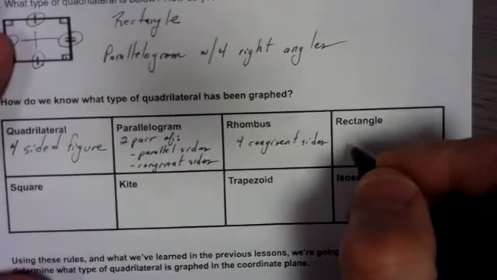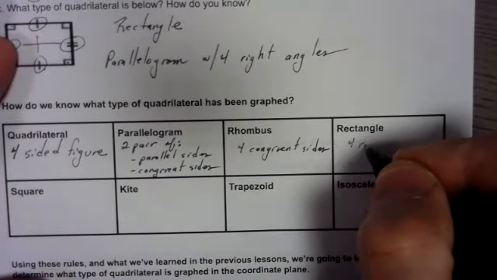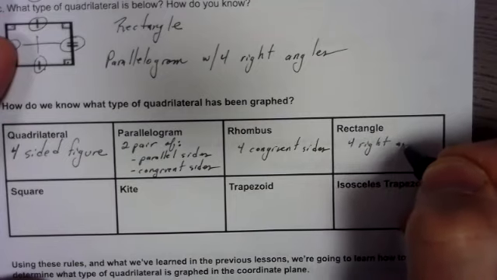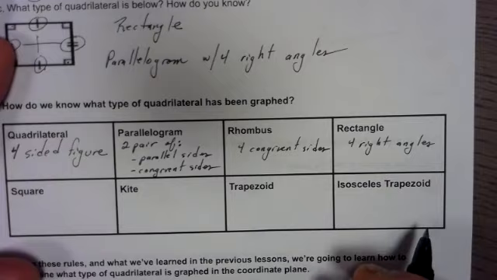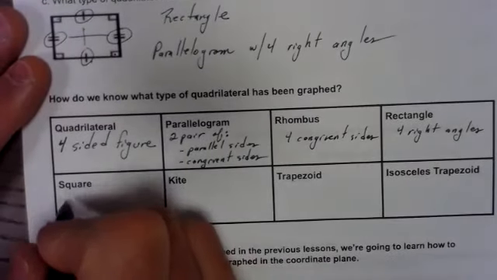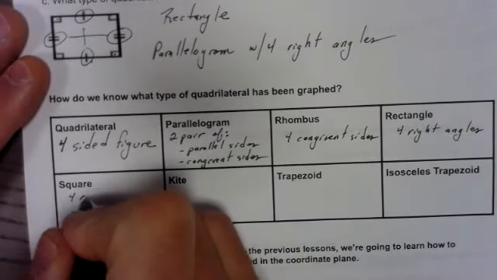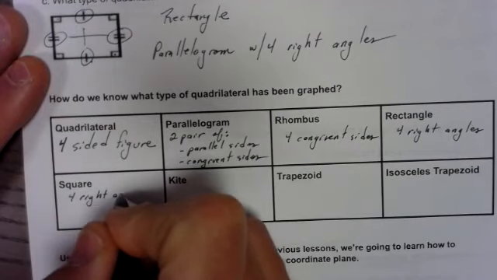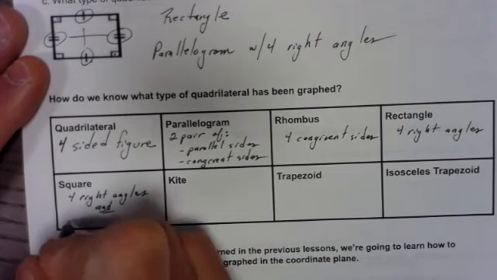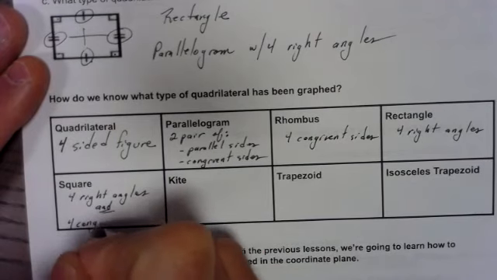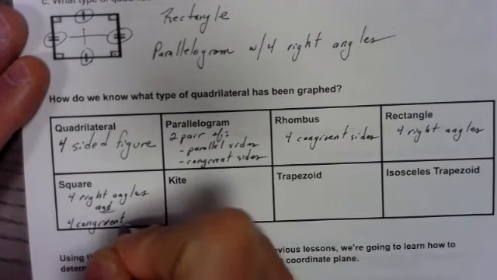And a rectangle is going to be four right angles. A square has two things, four right angles and four congruent sides.